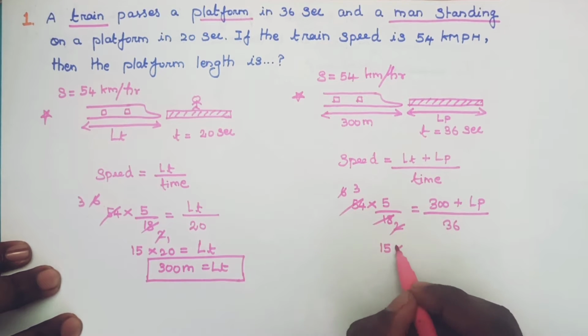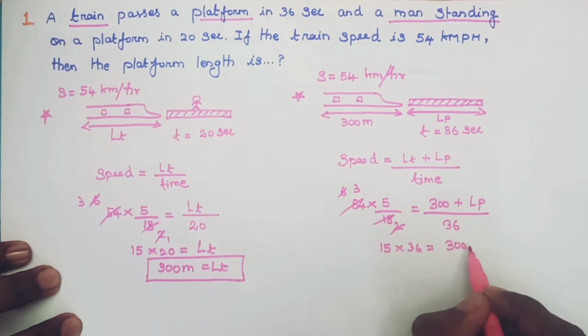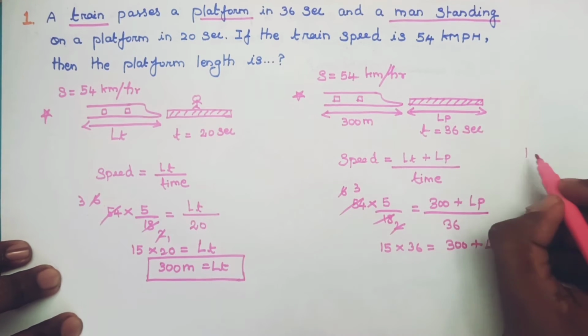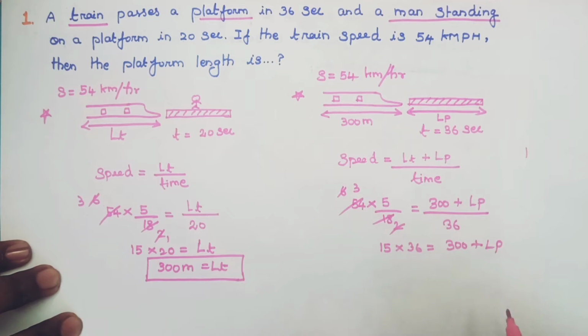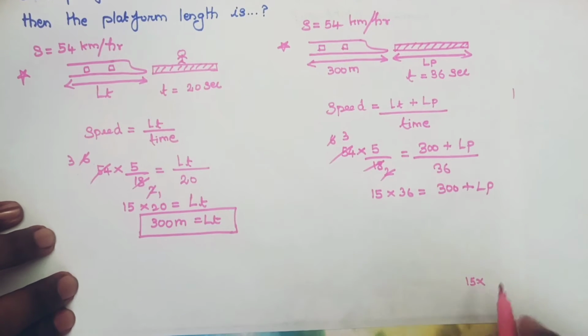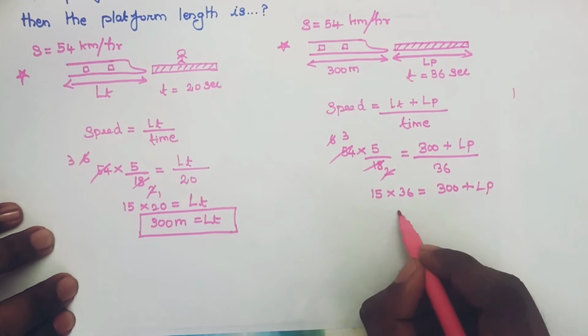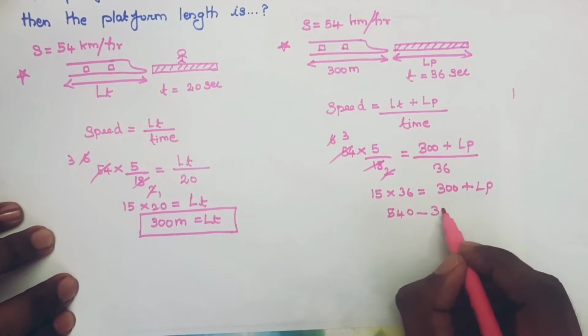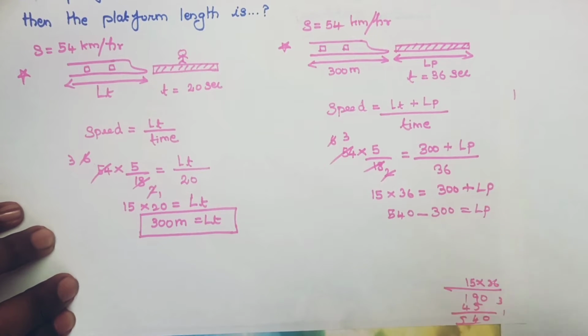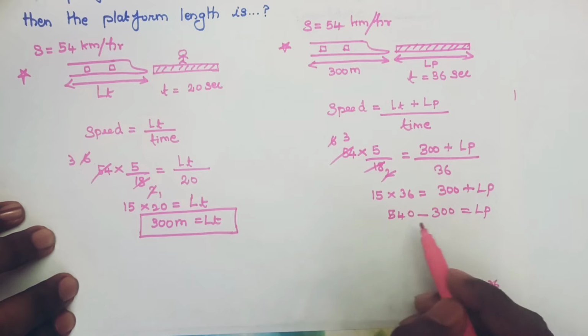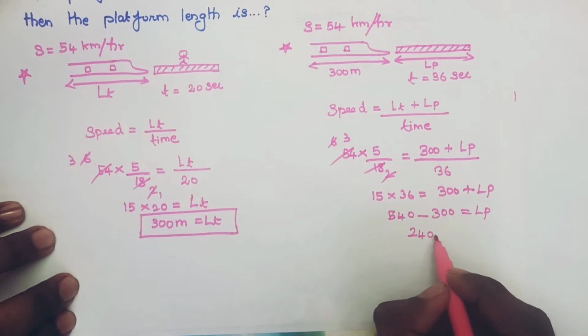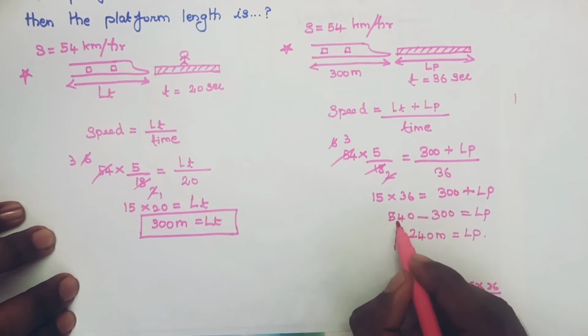Obviously 15 into 36 equals 300 plus LP. So 15 into 36 is what? 540, right? So 540 minus 300 is equal to LP. Subtracting 300 from 540, you will get 240 meter, that is your platform length.